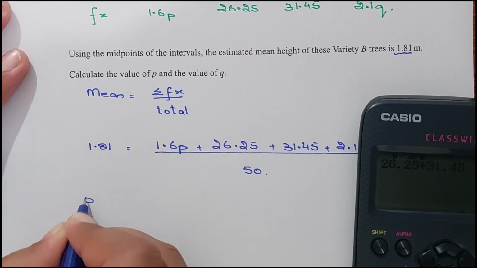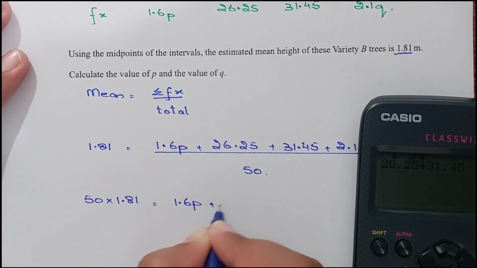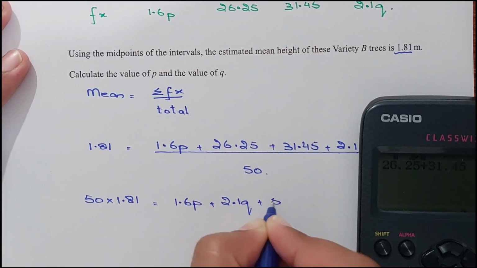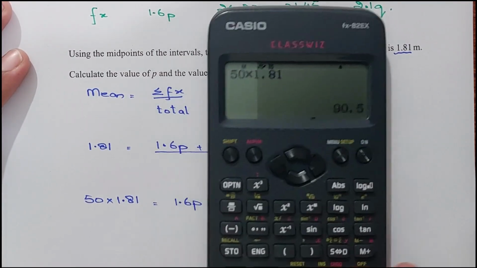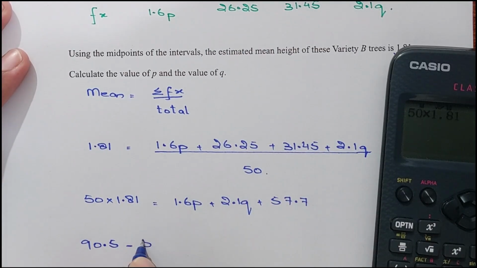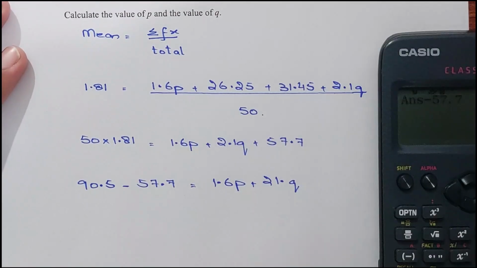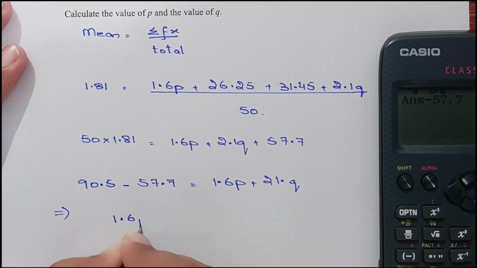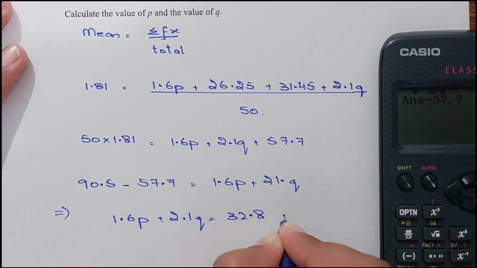So 50 times 1.81 is 1.6p plus 2.1q plus 57.7. 50 times 1.81 is 90.5, and subtract 57.7. This is the sum of 1.6p and 2.1q. 90.5 minus 57.7 is 32.8. So we have an equation: 1.6p plus 2.1q is going to be 32.8. This is my first equation.